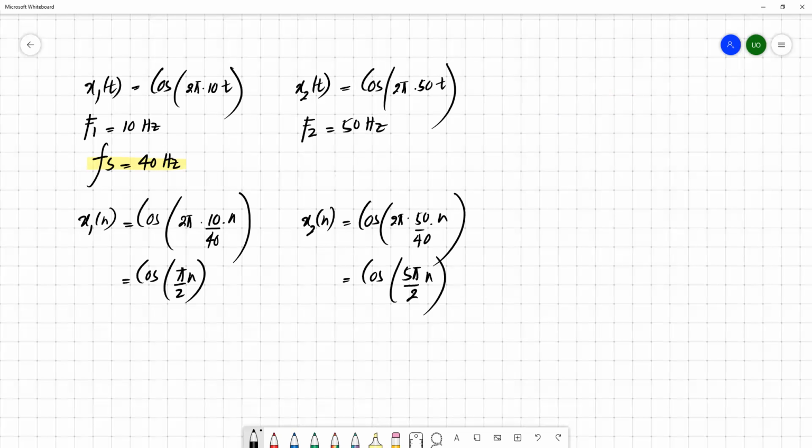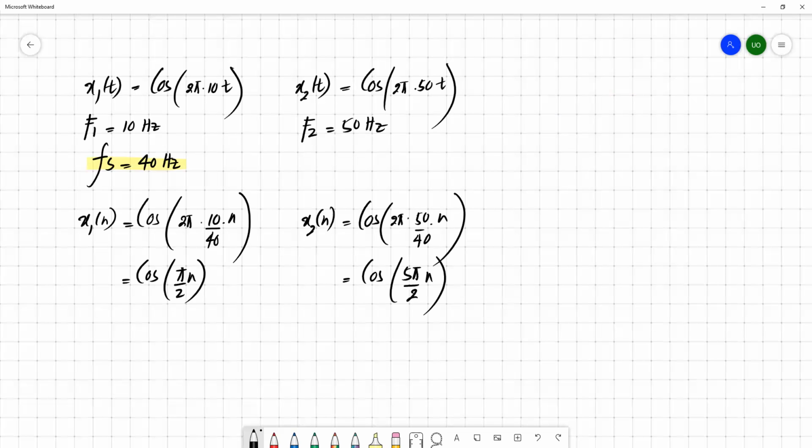Then x1(t) is converted to x1(n) as cos pi n over 2, and x2 is converted into discrete form with the sampling frequency of 40 hertz as cos 5 pi n over 2.